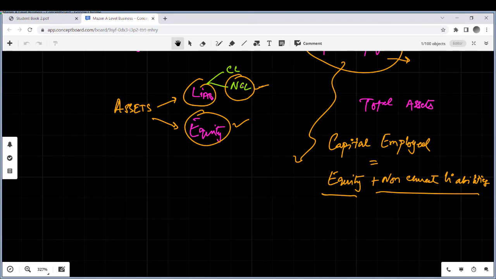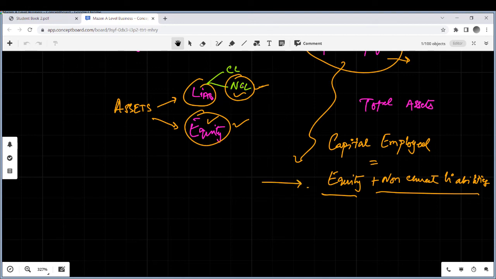Okay, so right now, for the next 1 year, I am confirmed that this equity and this non-current liability are available with the business as a source of finance. Adding these two gives me capital employed.